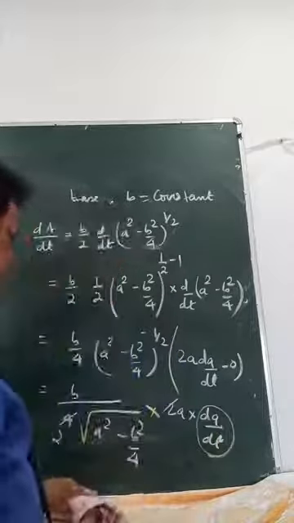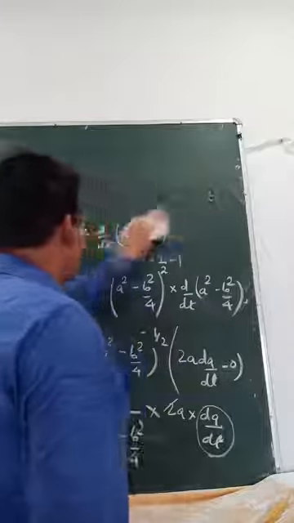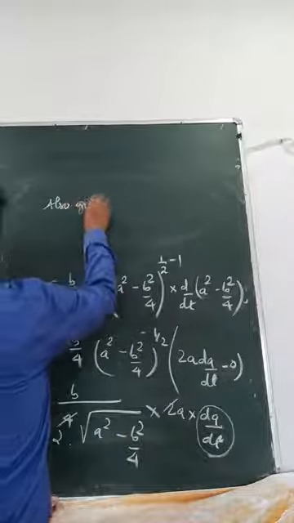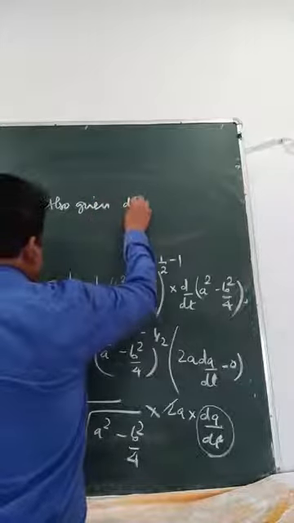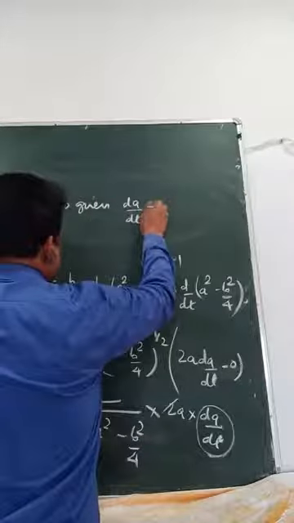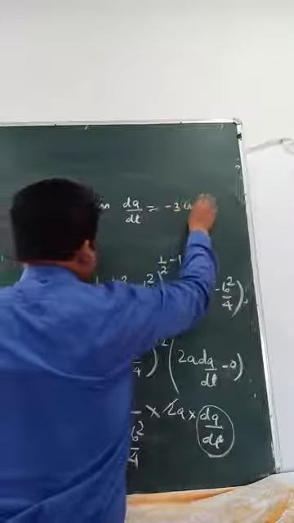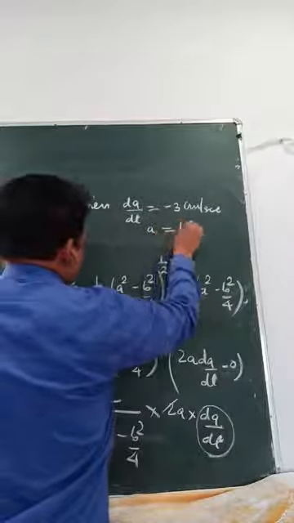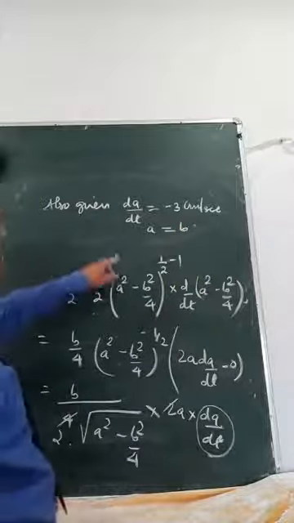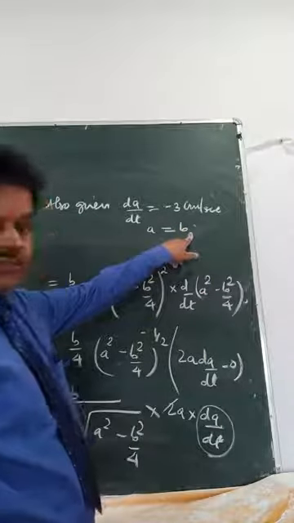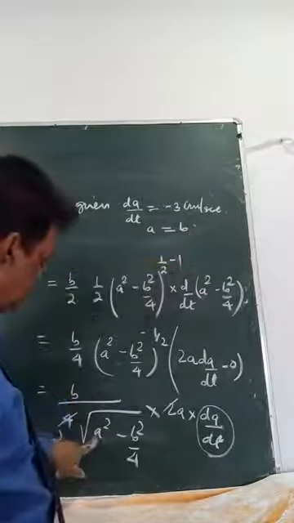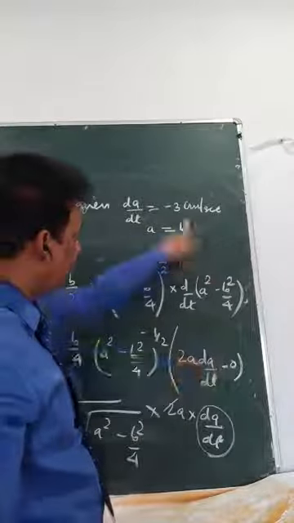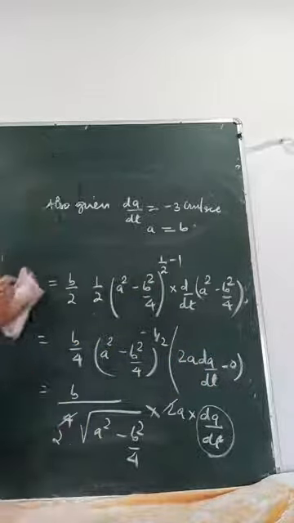How much is it given? dA by dt is given to you as minus 3 centimeter per second, and also given A equals B. Means when the side is equal to the base is also given to you. That means in place of A you will put B, in place of dA by dt you will put minus 3.